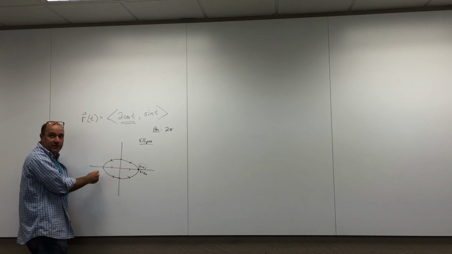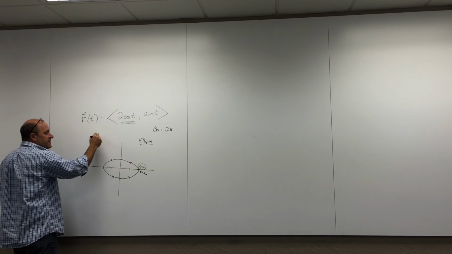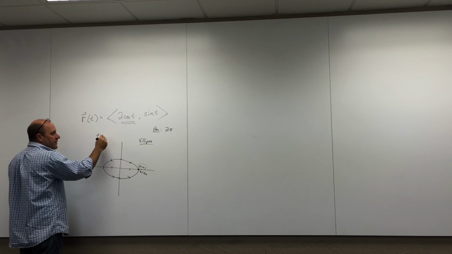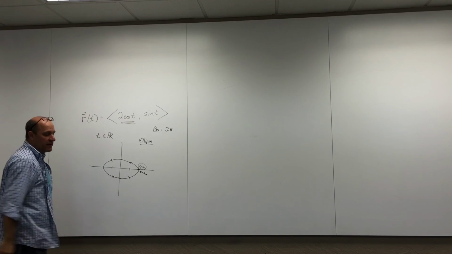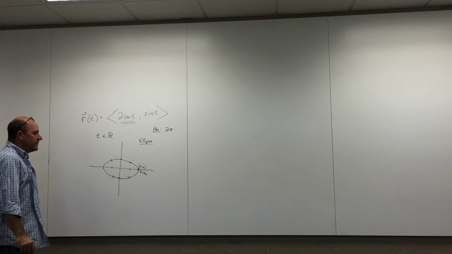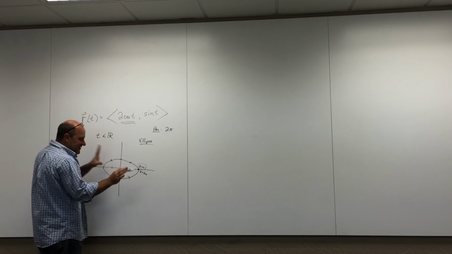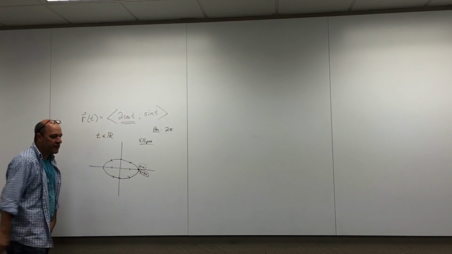So the domain of this is, t could be any real number, all real numbers from negative infinity to infinity. But when it's this circular motion, we tend to focus on one lap, you know, this is one lap around.